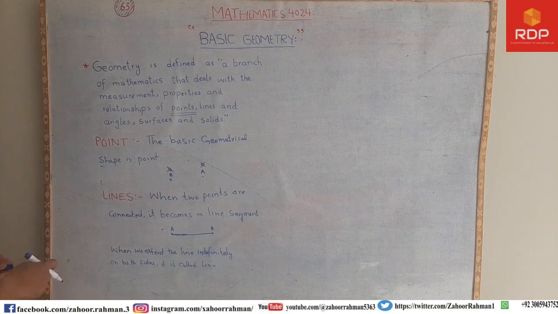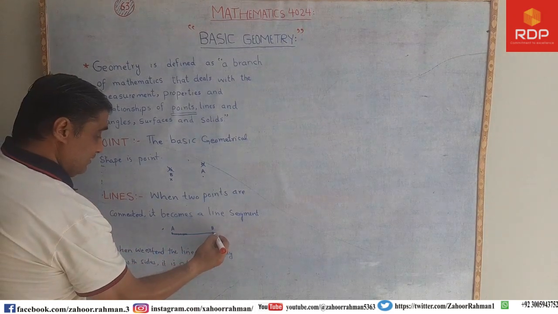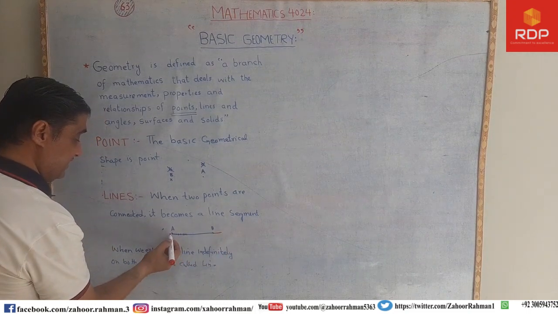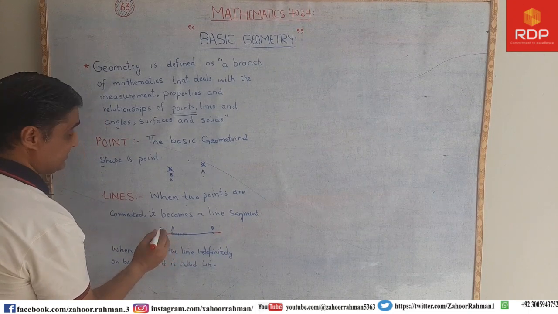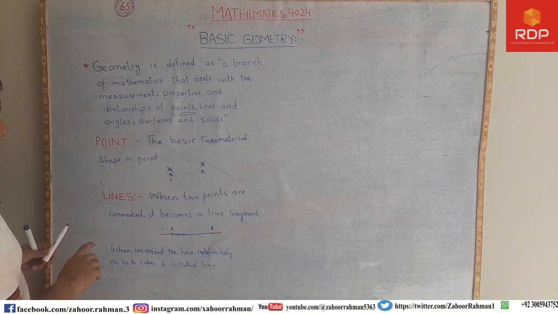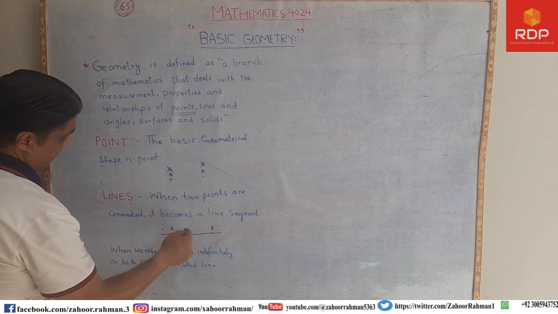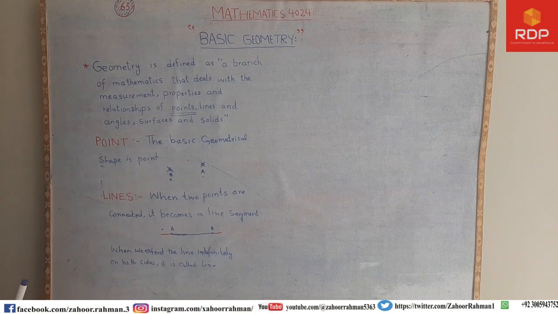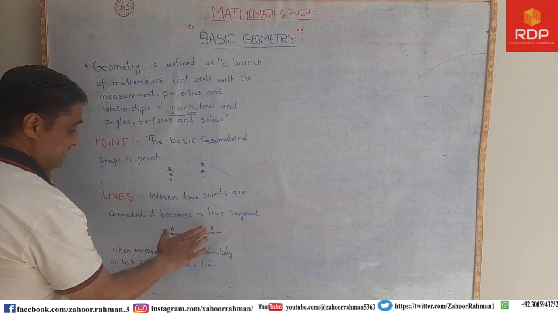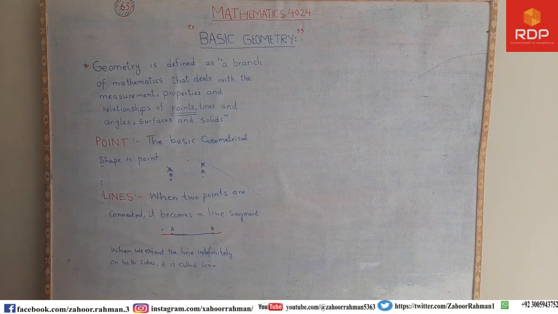We extend it on this side and on this side, then it becomes a line. This is a line segment, and when we extend it on both sides, this is a line.